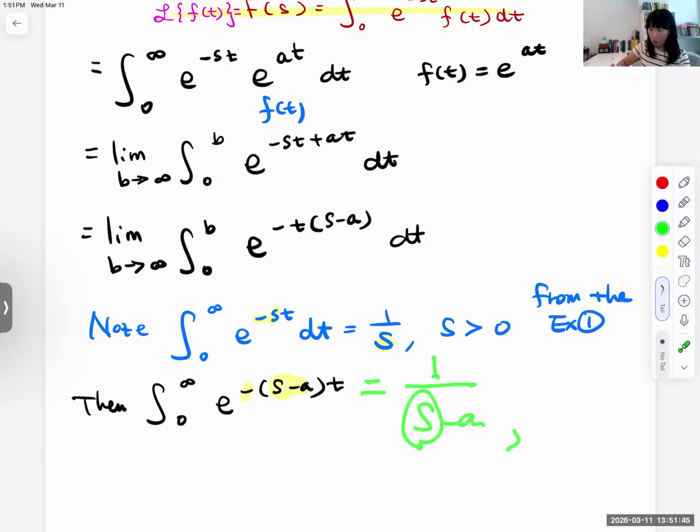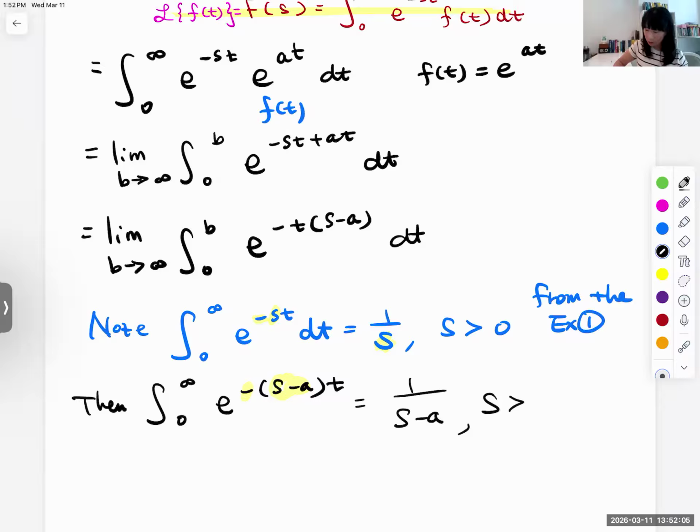And then we don't want the negative for convergence. We want to make it positive. So s is greater than a. Make sense to you? Okay. So let us do that. Equal to 1 over s minus a, where s must be greater than a. Yeah. So it's easier, right?